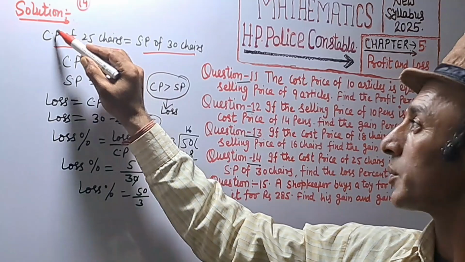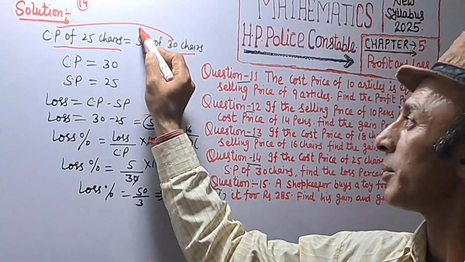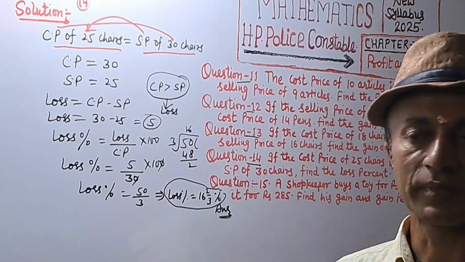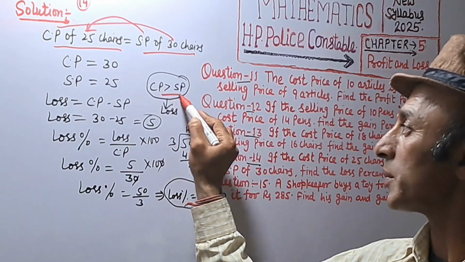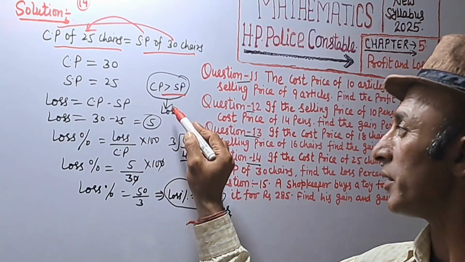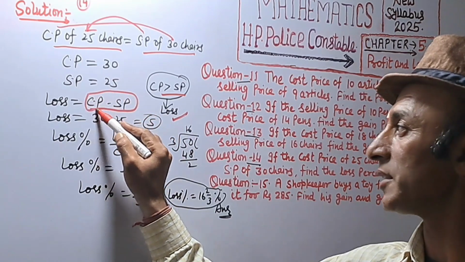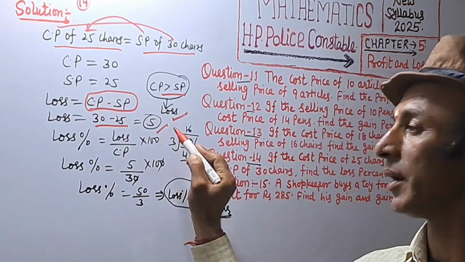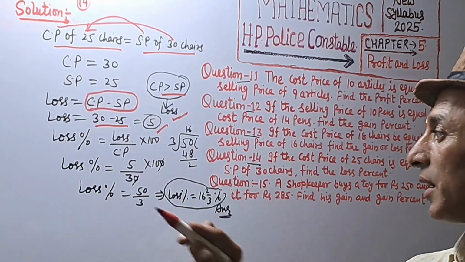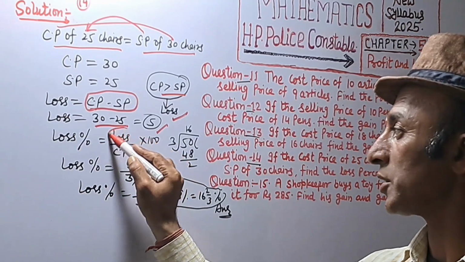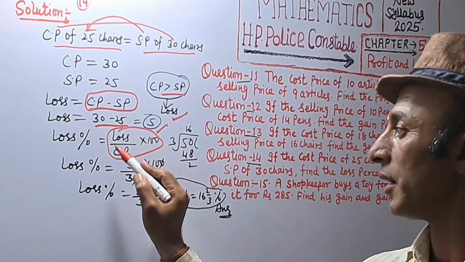Cost price equal to 30 and selling price equal to 25. When cost price is greater than selling price, we get loss, and loss equal to cost price minus selling price. 30 minus 25 equal to 5. Loss percent is loss upon CP multiplied by 100.